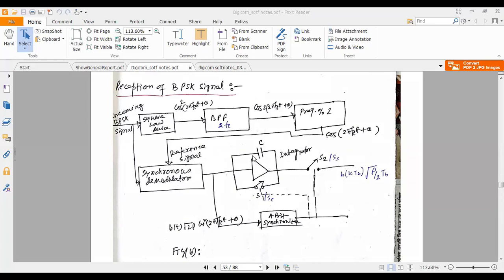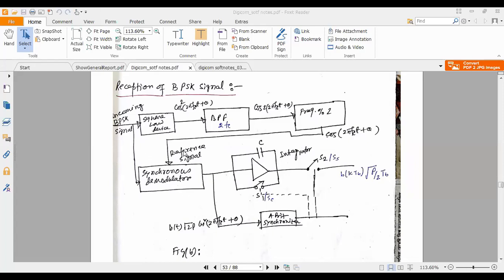You know the low pass filter sends only the DC part, as I explained in the amplitude shifting demodulator circuit. That means it sends a low frequency signal, so the carrier signal will be stopped here and the baseband signal will be collected here. Look, the reference signal here is cos 2 pi fct plus theta, and here it is bt cos 2 pi fct plus theta.